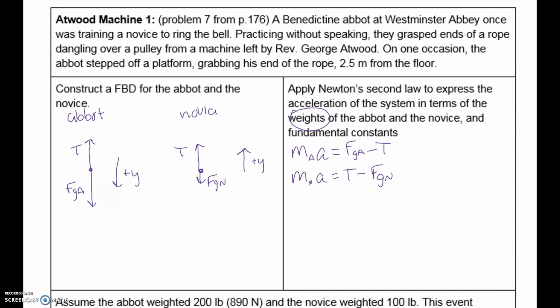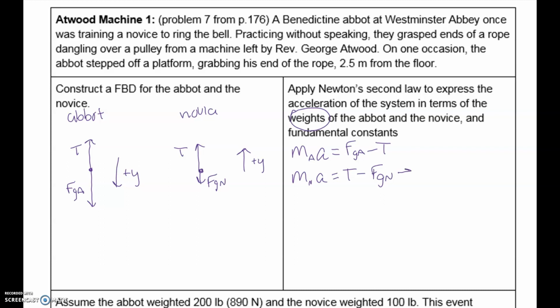We're allowed to have force of gravity, and I don't want tension. And actually, we're not allowed to have mass either, so we'll have to deal with that in a minute. So all I need to do now is rearrange one of these equations for tension and plug it into the other expression. So that'll get us one equation with no longer any tension involved.